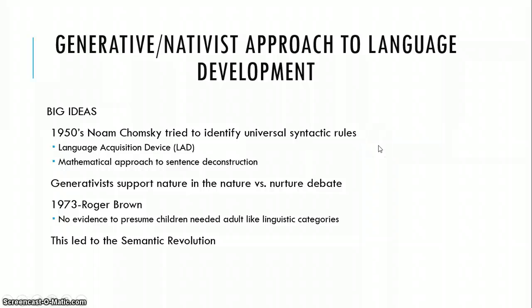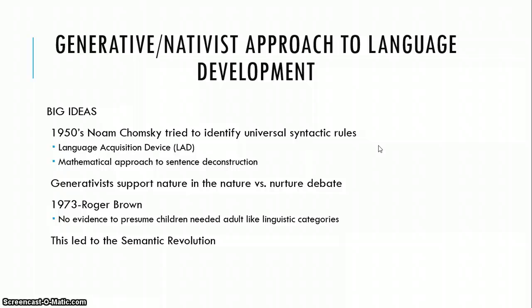But the generative nativist approach to language development, the big ideas with this are, whenever you think of the generative approach to language development, think Noam Chomsky, a researcher who started in the 50s and tried to identify universal rules. And he identified a part of the brain called the language acquisition device, or LAD, where people start to develop language skills.